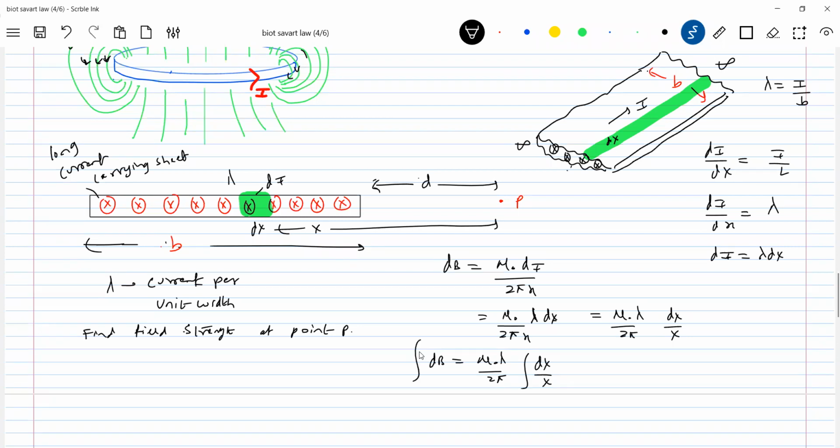Now what should be the limit? Where is the current distributed? From x equal to d to x equal to d plus b. So the limit will be x equal to d to d plus b. So B is equal to mu naught lambda by 2 pi times log of 1 plus b by d.